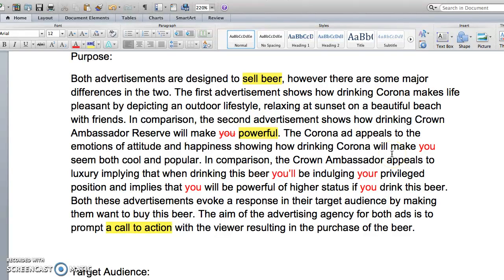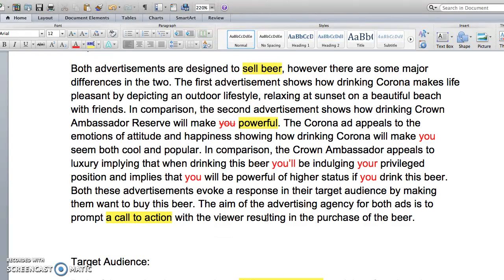So I've done it in just this one section. I'm not doing it throughout your draft. You will now need to check the rest of your draft for where you use you, and you need to change it. So no I and no you. So you just need to reword this, showing your understanding of the purpose of advertising.